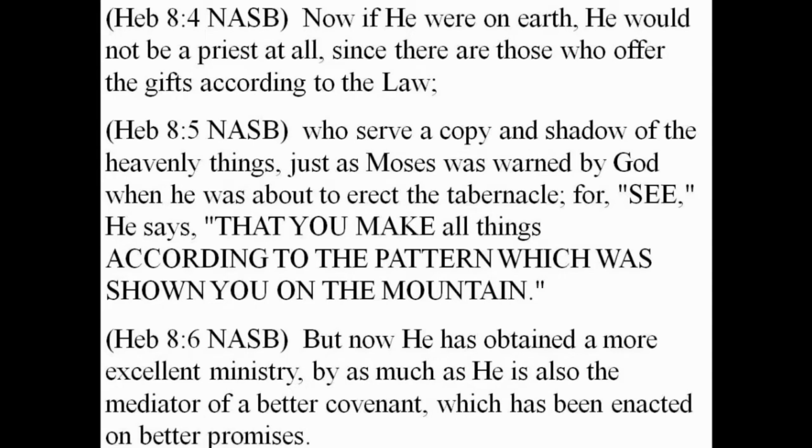Now, if he were on earth, he would not be a priest at all, since there are those who offer the gifts according to the Torah, who serve a copy and shadow of the heavenly things, just as Moses was warned by Elohim when he was about to erect the tabernacle. For see, he says, that you make all things according to the pattern which was shown you on the mountain. But now he has obtained a more excellent ministry, by as much as he also is the mediator of a better covenant, which has been enacted on better promises.